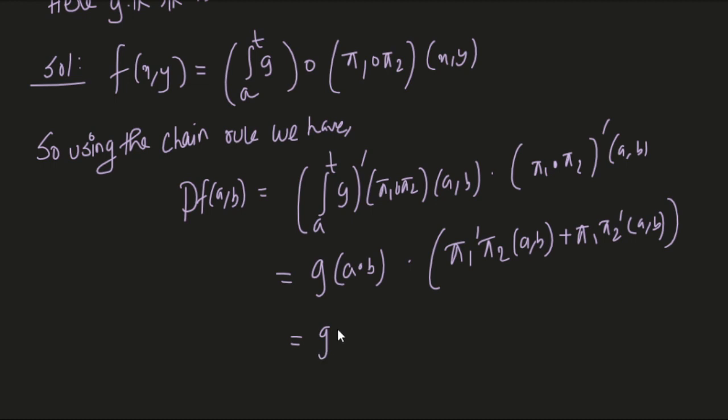This gives you g of a dot b multiplied by (1, 0) b plus a times (0, 1).